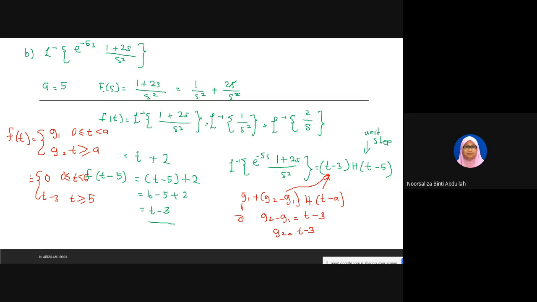Okay, so next, you plot the graph based on this one.